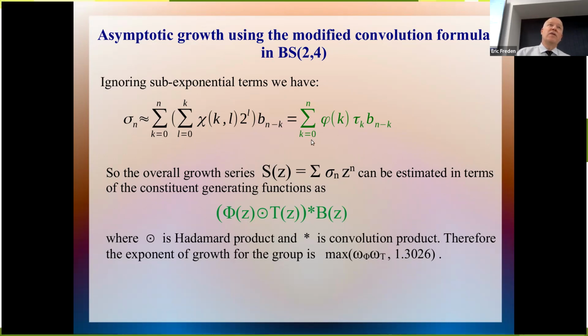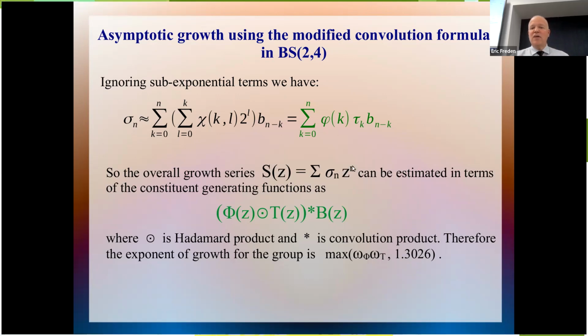What's the Hadamard product? The Hadamard product of 2 series is where you multiply the coefficients pointwise and make it a series. The exponent of growth for this entire growth function can be expressed approximately on the asymptotics. I'm talking about things that grow exponentially, linearly, and polynomially, but I'm just looking at the exponent of growth.